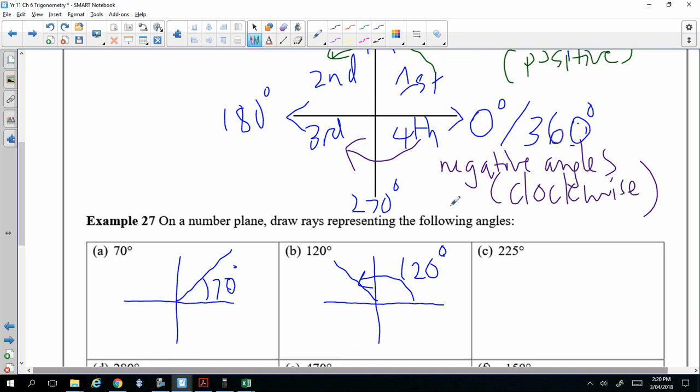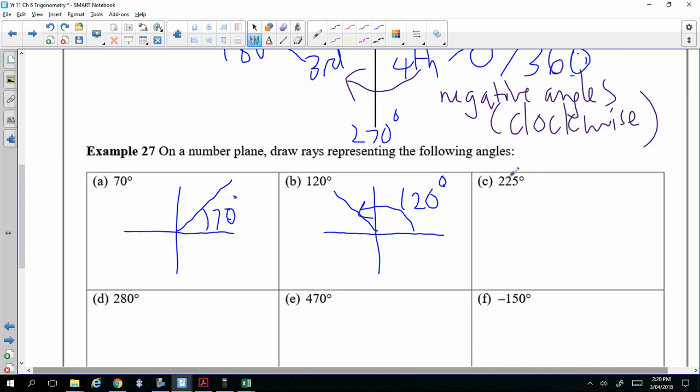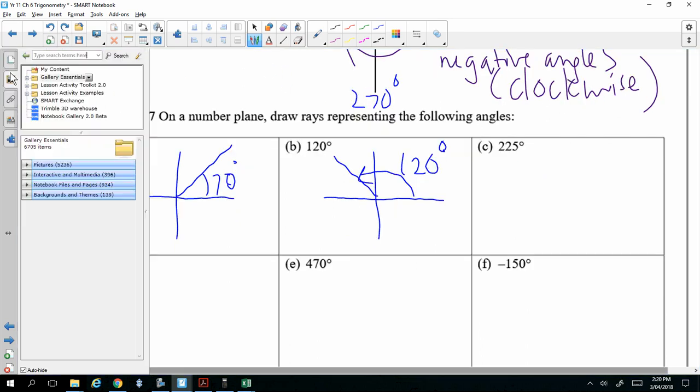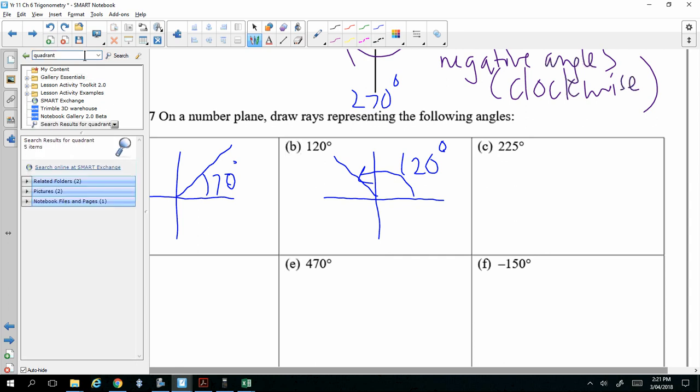All right, well, let's look at this. Let's look at this. Let me see. I do have a, do I have stuff here that I could use? Quadrant. Does it give you stuff? Related folder, pictures, clock. I get clock to explain. Is that interactive?